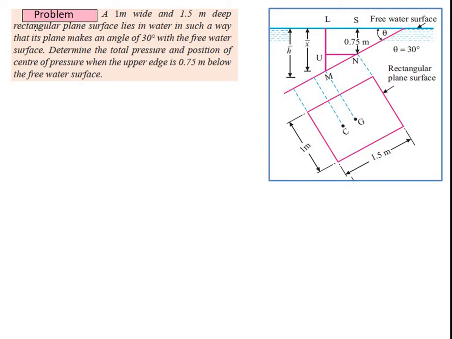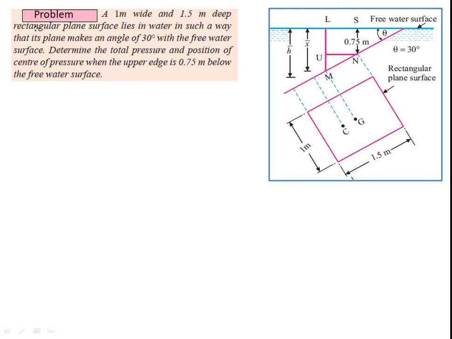Its length is 1 meter, its depth is 1 meter and width is 1.5 meter, and it is immersed in water. Then its upper edge is 0.75 meter below the free water surface, which is given here.